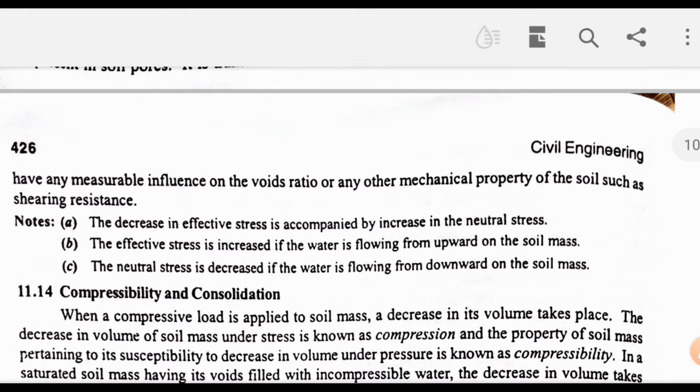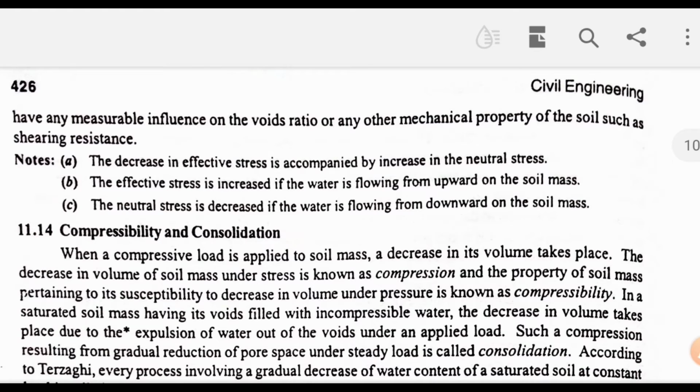The decrease in effective stress is accompanied by increase in the neutral stress. The effective stress is increased if the water is flowing downward on the soil mass. The neutral stress is decreased if the water is flowing downward on the soil mass.